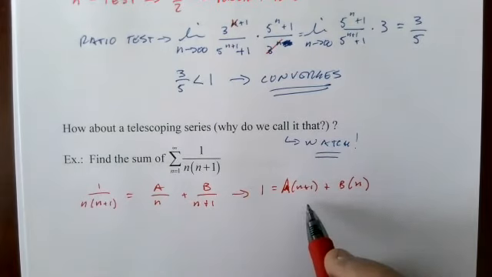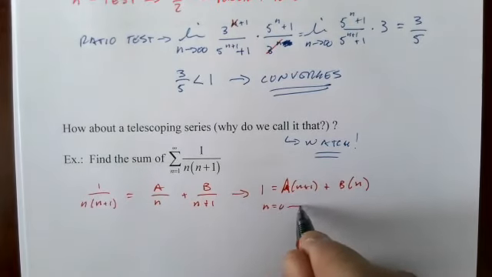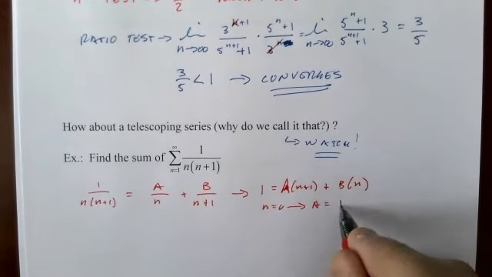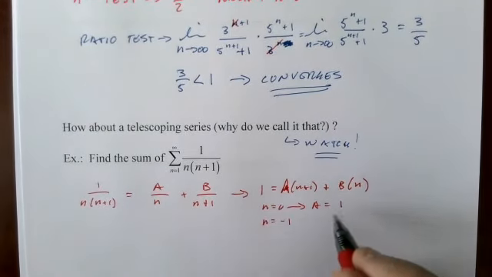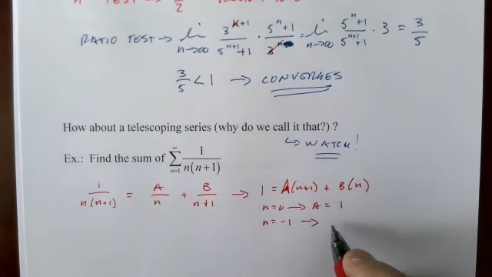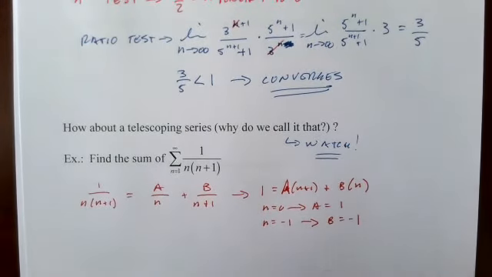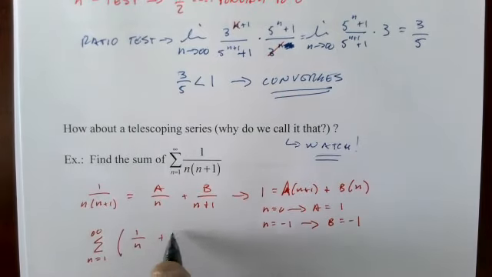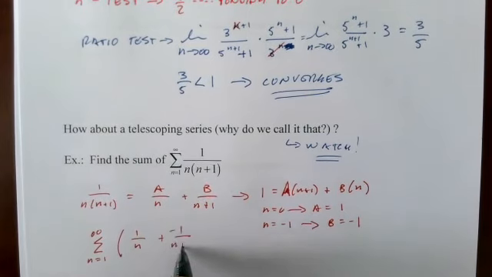When n equals 0, a equals 1. When n equals -1, b equals -1. So we can rewrite it as the sum from n equals 1 to infinity of 1 over n, minus 1 over n plus 1.